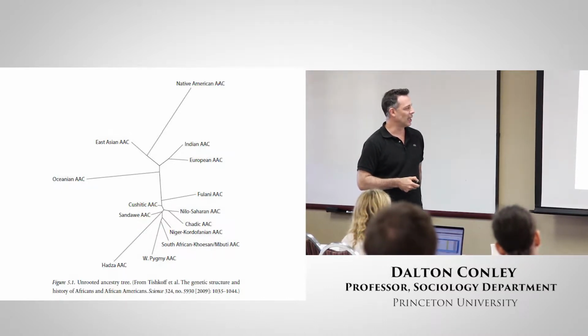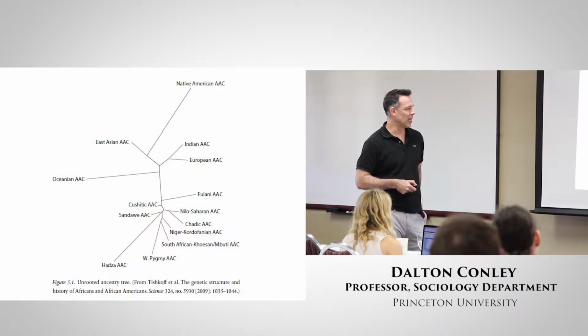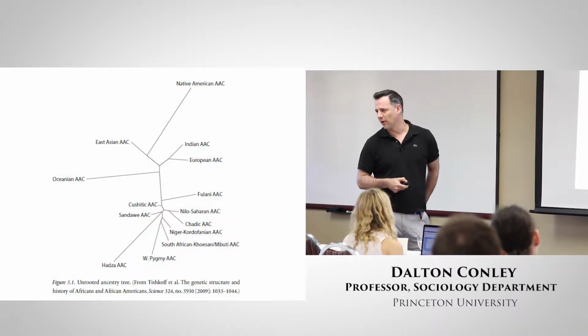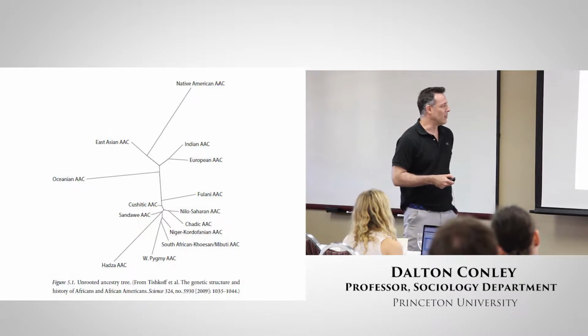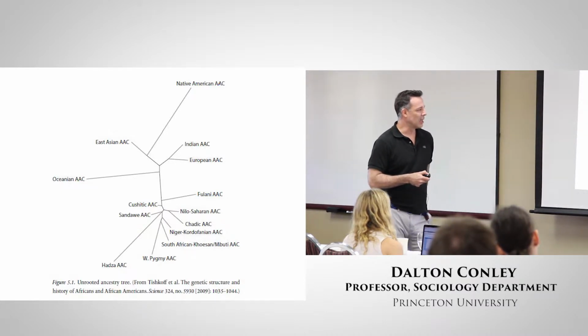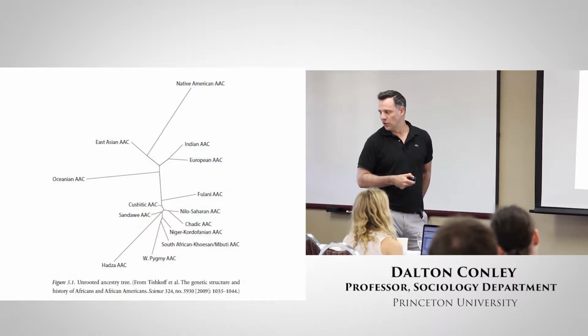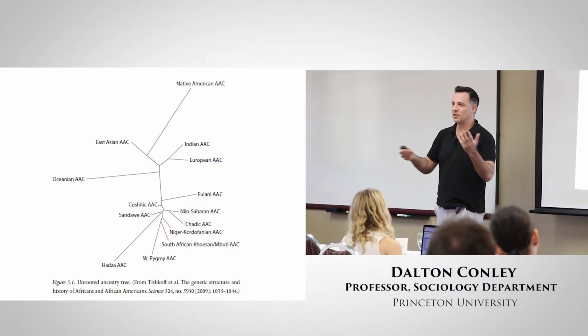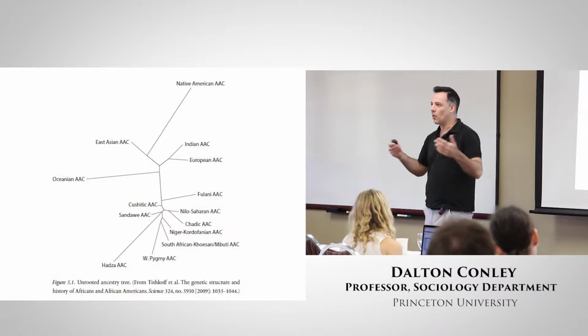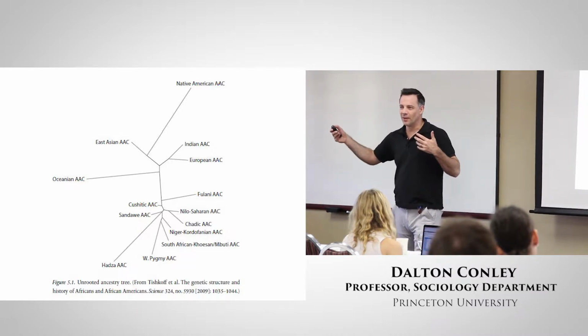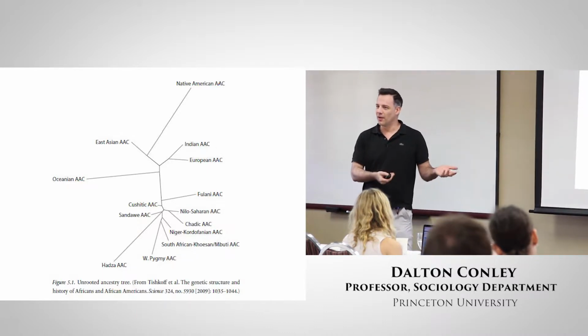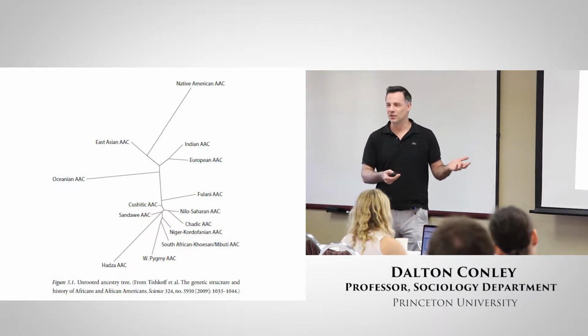If you look at the distance between, say, Hadza and a Fulani tribe member, which are not, I think, about 400 miles apart in Africa, it's about the same distance as an East Asian to a European. So we think of these as equivalent races, you know, black, Asian, white, other in the United States, and it doesn't make any sense from a genetic point of view.